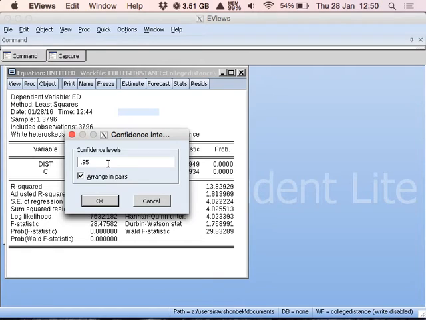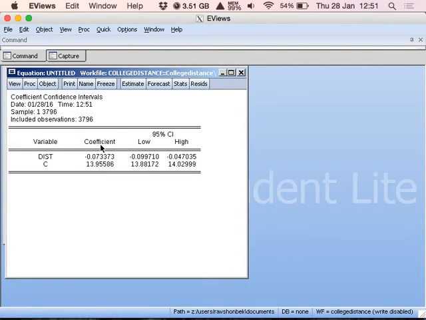And in there you will see three values, 0.9, 0.95, 0.99. Delete the ones that are not 95. So keep the 0.95 only, and click OK. Now, here you see your original coefficient estimates. These are called point estimates.